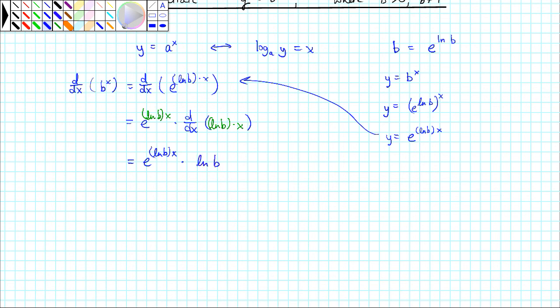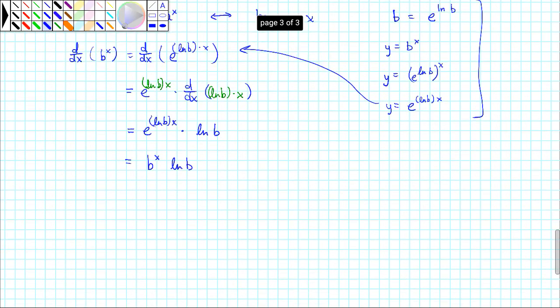The next thing is to recognize that e to the ln of b times x, going backwards in this whole thing, is the same as b to the x. So this is an important piece: the derivative with respect to x of b to the x is b to the x times the natural log of b.